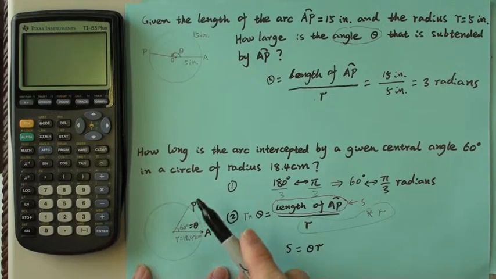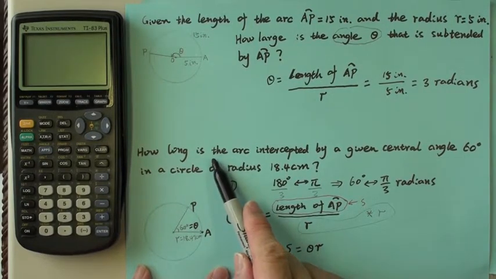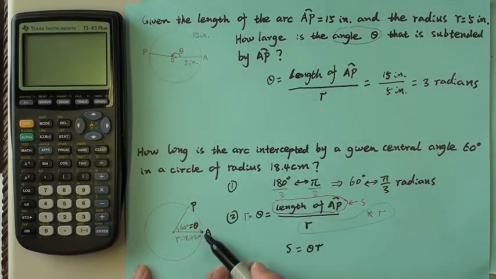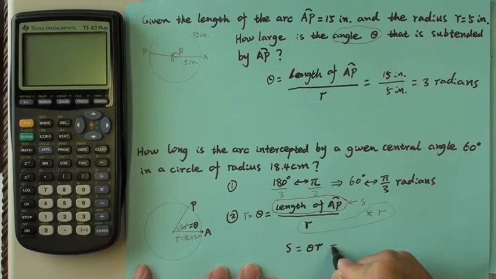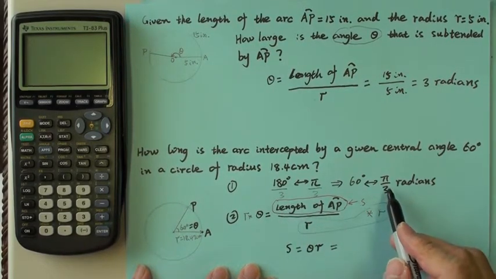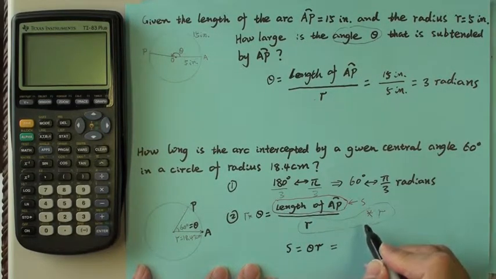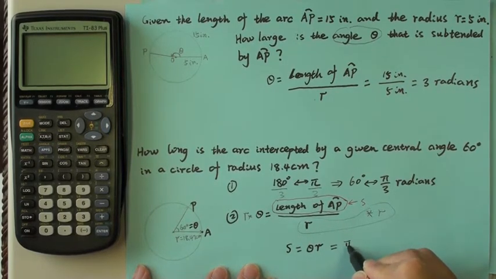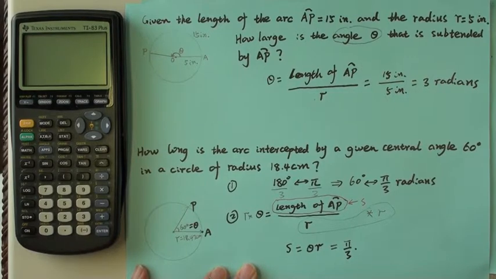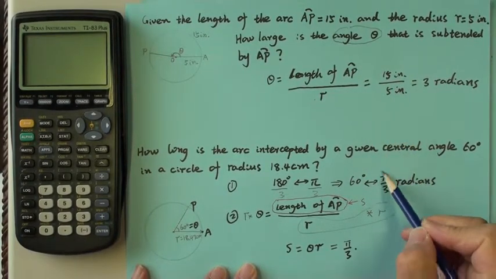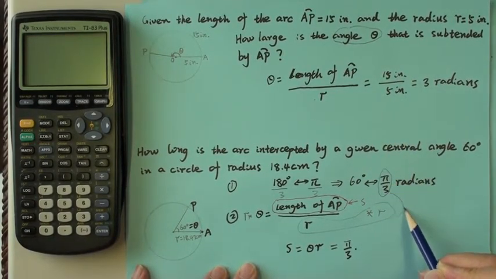So how long is the arc AP, the length? We know theta is pi over 3, so you may put pi over 3 here.